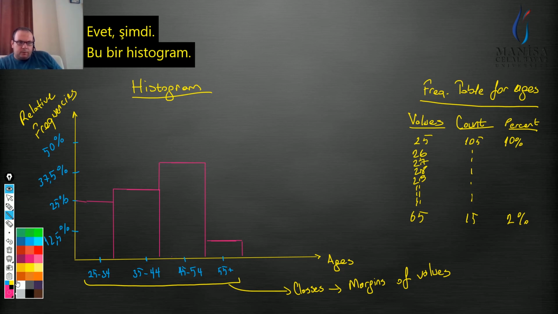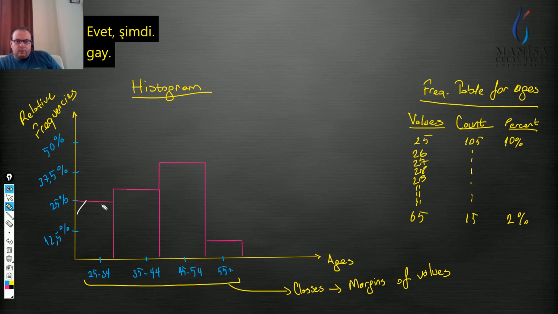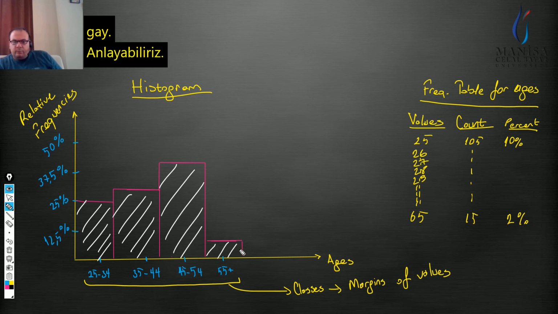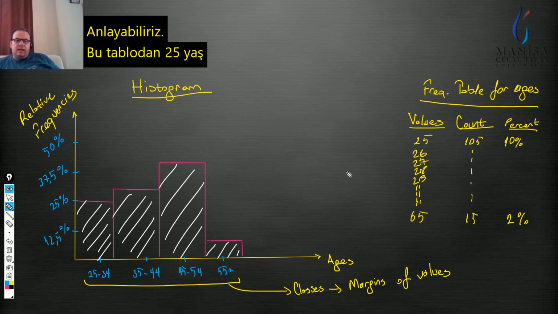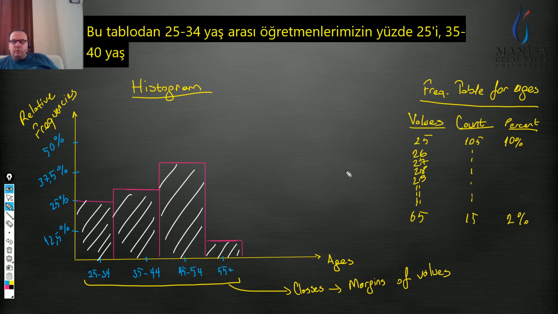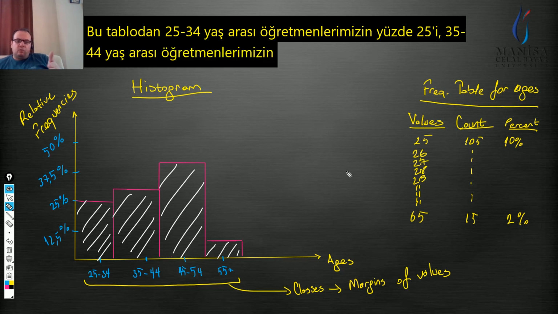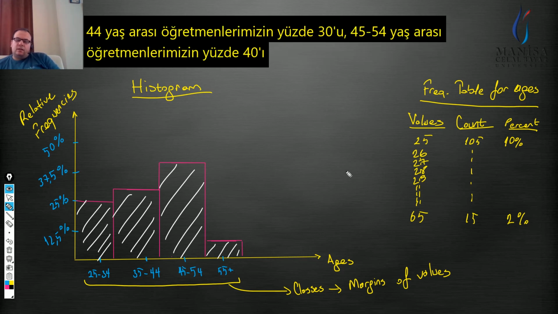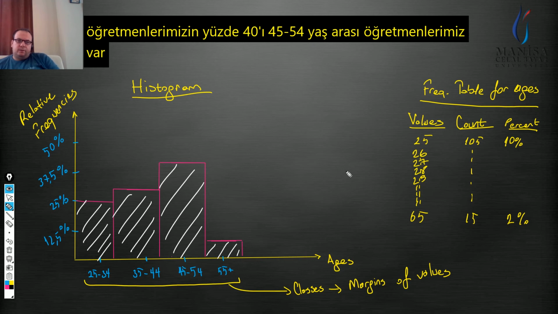Okay. Now we can understand from this chart we have 25% of our teachers in the age between 25 and 34, and we have 30% of our teachers in the age between 35 and 44, and we have 40% of our teachers between 45 and 54, and also we have 5% in the area of 55 plus.